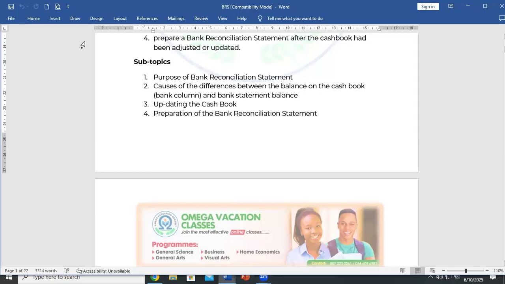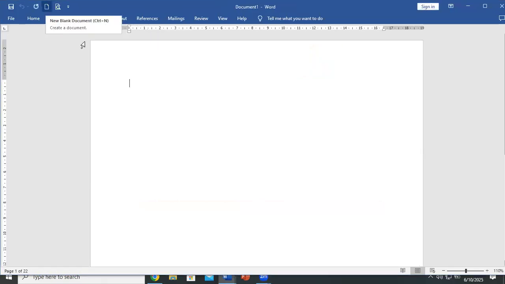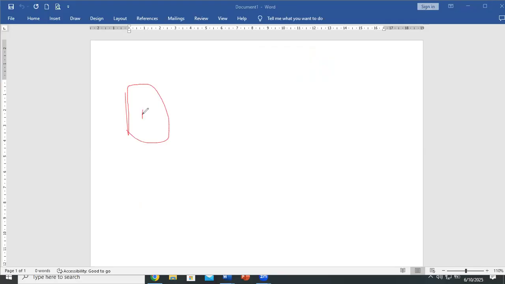Okay, just for the purposes of putting certain things in perspective. So the point I'm making is that we are considering two entities, right? One is a bank and the other is the customer.